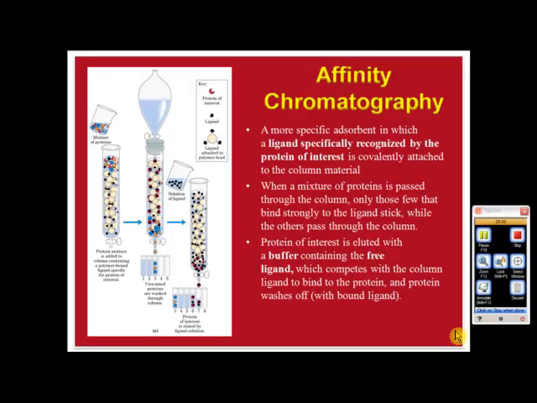Now we have expressed our protein with the histidine tag, so only the histidine-tagged proteins bind to the nickel and the remaining are eluted. After that, by using high ionic strength, you can purify your protein. That is the importance of affinity chromatography.